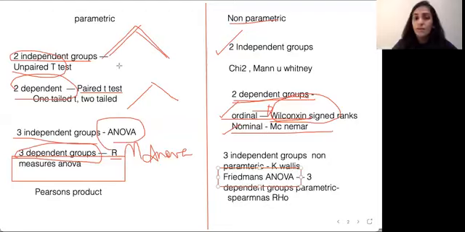Three independent groups non-parametric, Kruskal-Wallis. Three dependent groups parametric, repeated measures ANOVA. Three dependent groups non-parametric, Friedman's ANOVA. So just have a comparison table. Make that comparison table. If you don't remember it, stick it somewhere. All you have to do is make this small table, stick it somewhere, and remember it. Everyone clear now with the parametric, non-parametric?